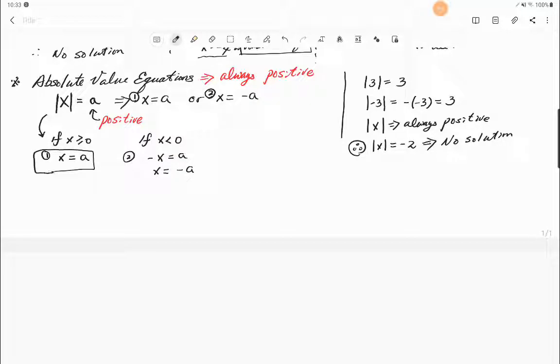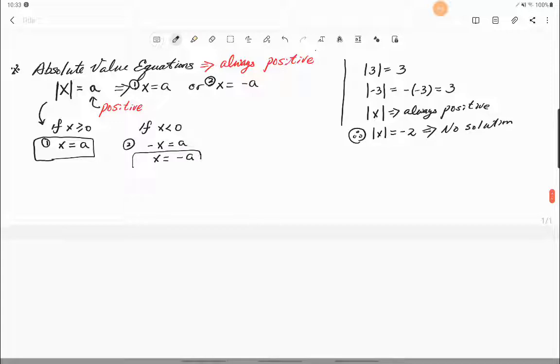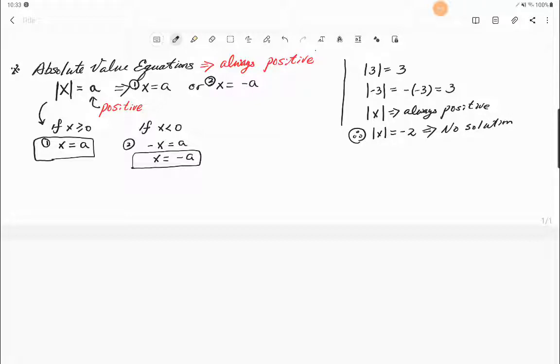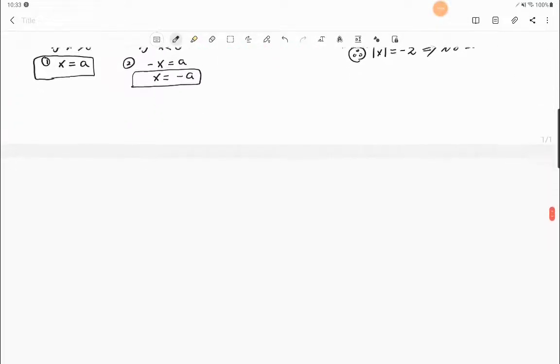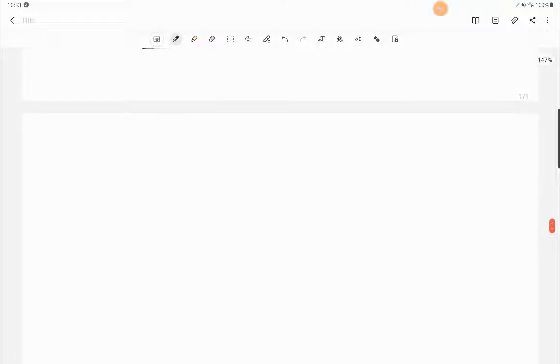We have an equation, x equals a, as it is, with removing the absolute value symbol. And the second equation is what? Negative sign should go to the left, but once we multiply the equation by negative, the negative sign goes to the right. So we have two equations. So whenever you solve an absolute value equation, always it generates two equations. So let's try another example related to the absolute value equation.